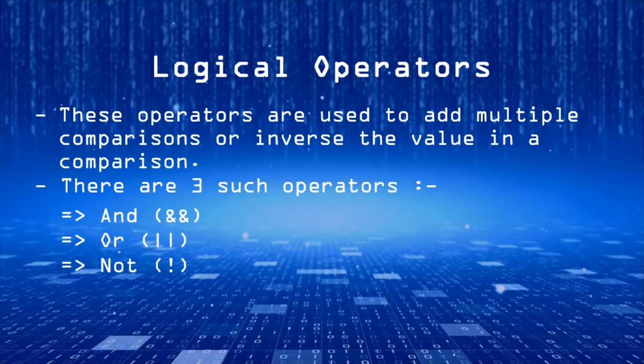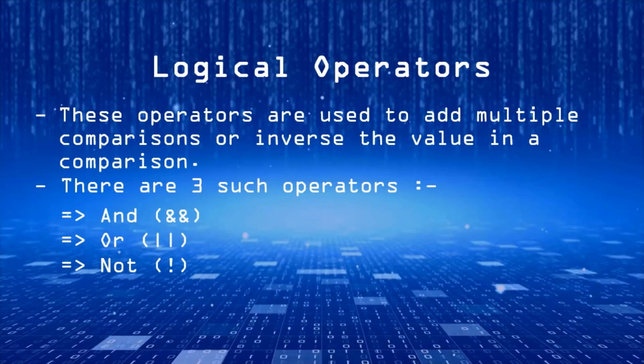And is used for combining 2 different conditions. For example, for writing 2 is equal to 5, if it is, then return true. If it is not, then return false.